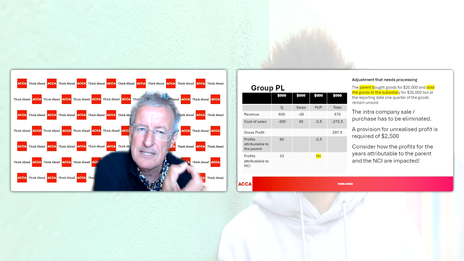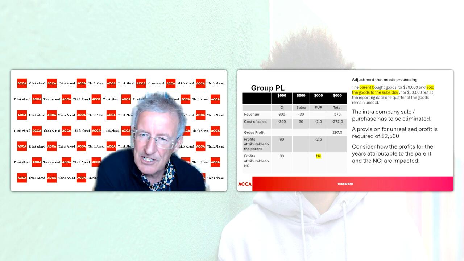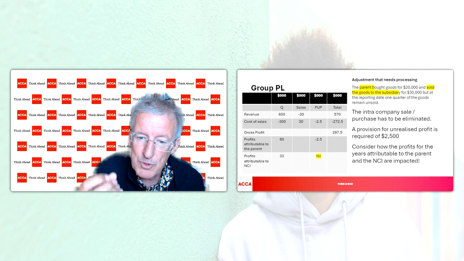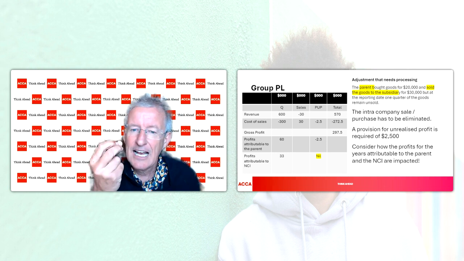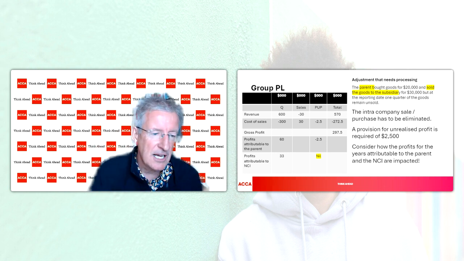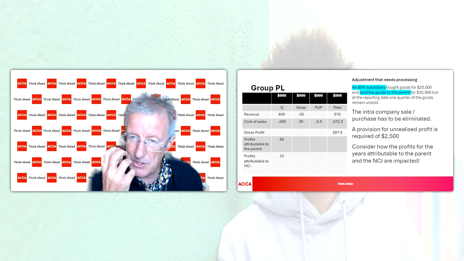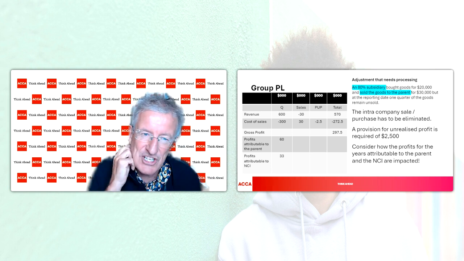The parent is the seller, and therefore we adjust the parent's profits only. If the sub was the seller, you would therefore have to adjust the subsidiaries. You would have to adjust the NCI's share.